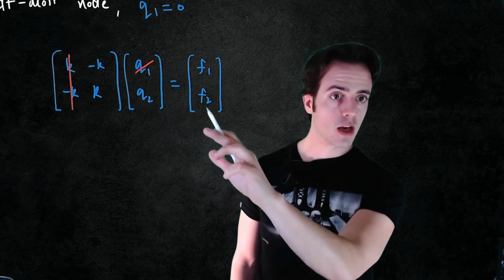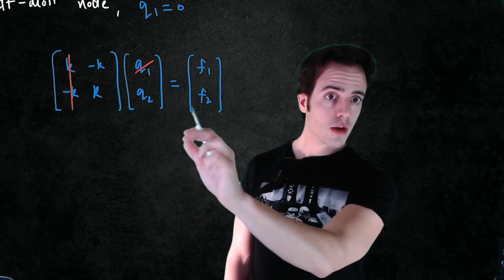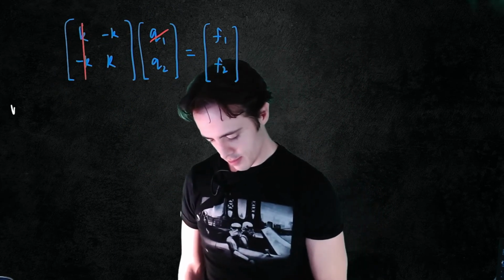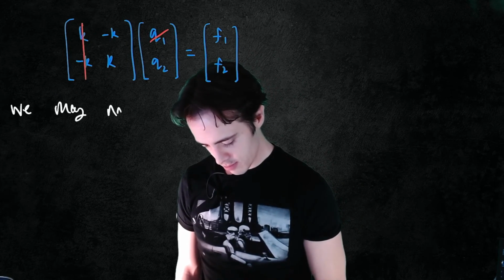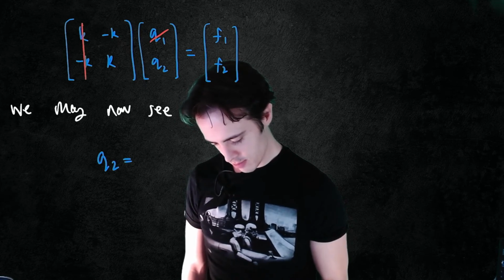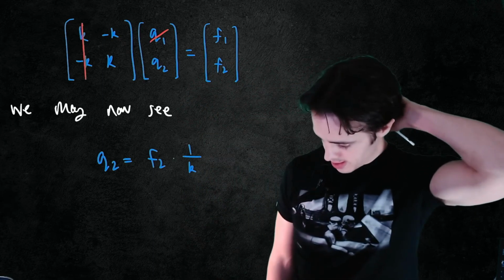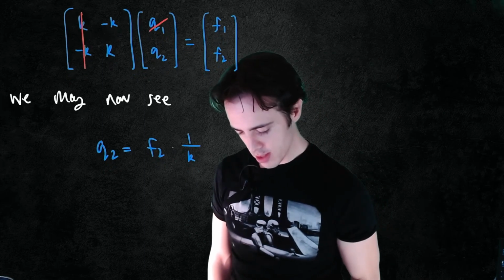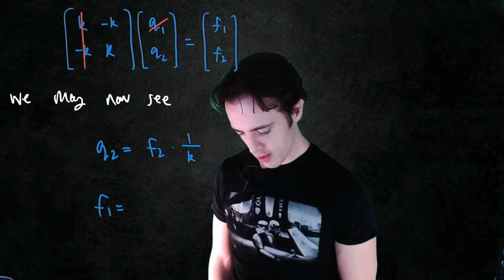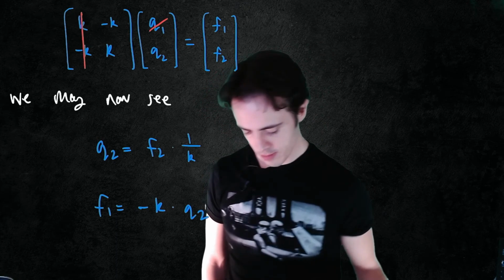If we know F2, for example, Q2 is simply going to be equal to F2 divided by K. And we can very readily observe as well that F1 is going to be equal to minus K multiplied by Q2 in this case.